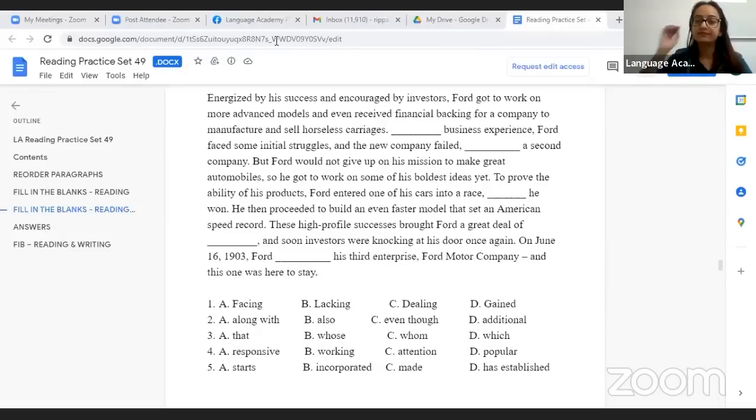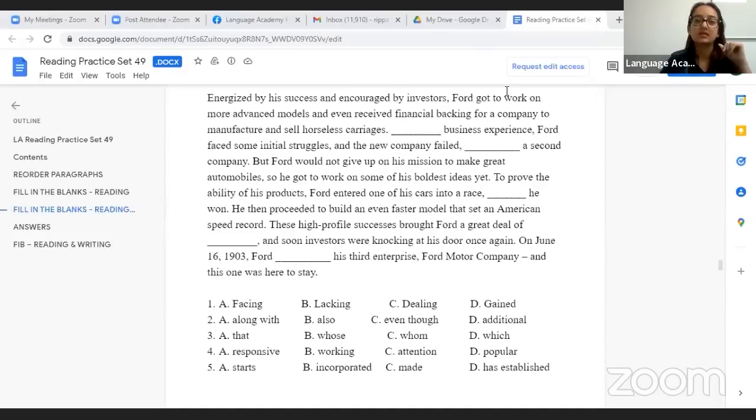Okay, should be done. And let me see who answered first and correct. A lot of mistakes.